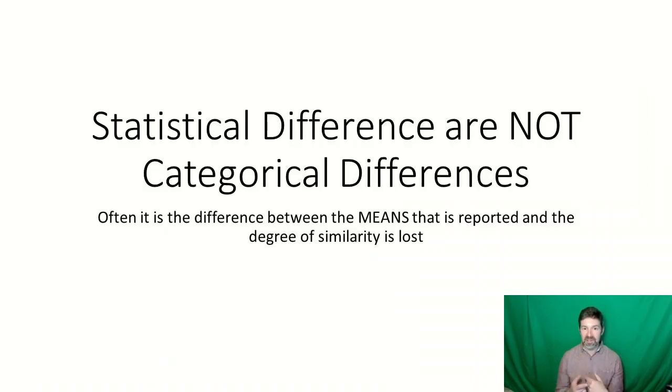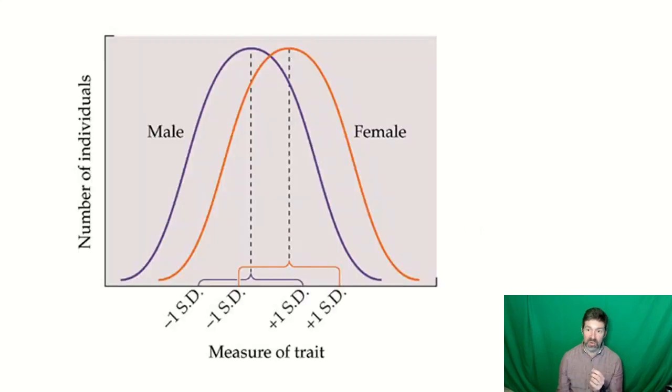This brings us to the last topic I want to bring up, that we're going to revisit a lot this quarter: the statement that statistical differences are not categorical differences, right? This often means that there are differences between the means, the averages, and the degree of similarity is lost, right? It means that there's overlap.